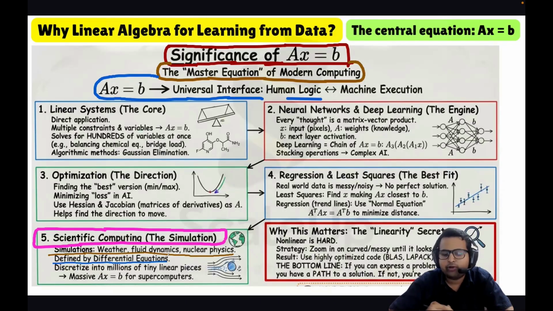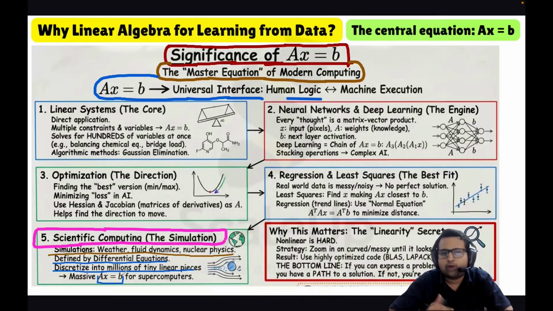So they have to discretize differential equations into millions of tiny linear pieces. So basically, we turn a complex physics problem into a massive Ax equals B problem. So the tiny linear pieces are Ax equals B.